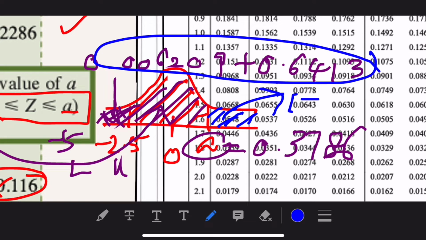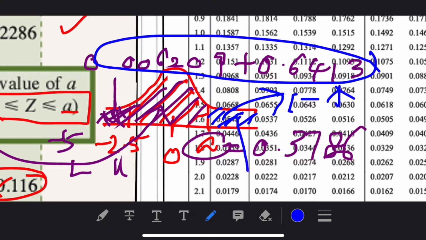Let's use a calculator. You just take 1 minus 0.6413 minus 0.006209, and you will get 0.3524. So 1 minus the answer here.